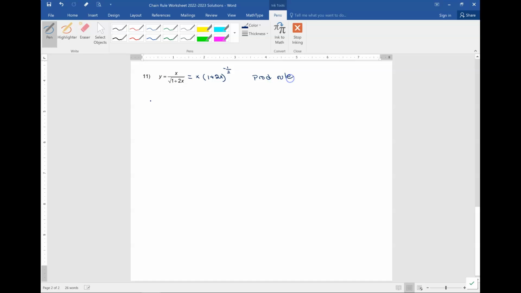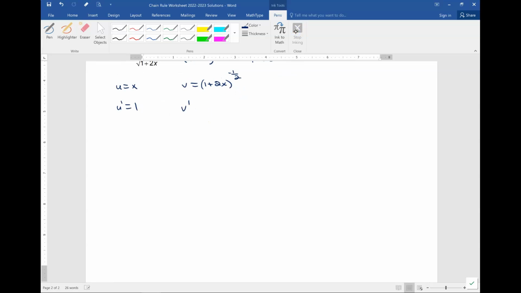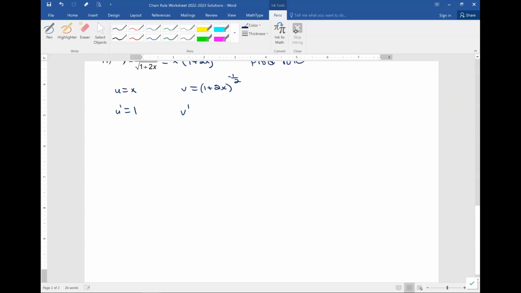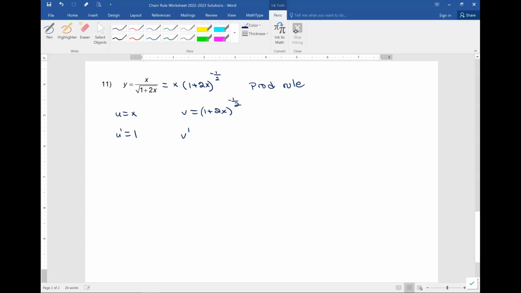So let's see. U will be x. V is 1 plus 2x to the power of negative 1/2. Okay. U prime is 1. V prime: the negative 1/2 is going to come down.